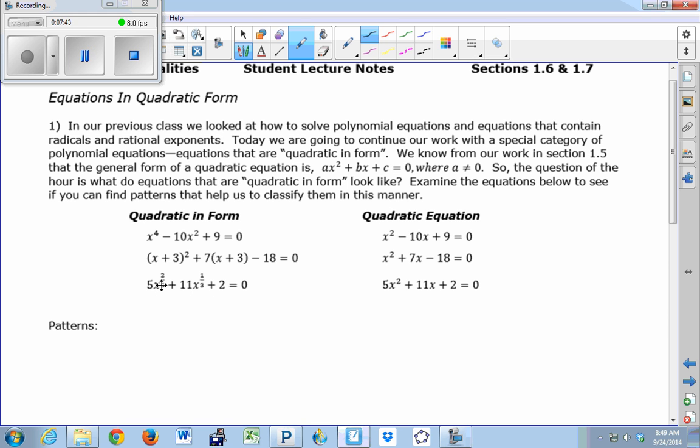Right, so this would be an equation that we would just say is an equation with rational exponents. So polynomials are defined so that all the exponents you see are like 0, 1, 2, 3, 4, 5. Okay. So any other patterns that you notice between the two columns?